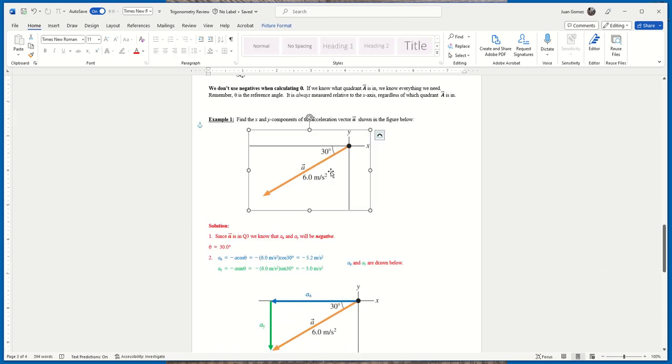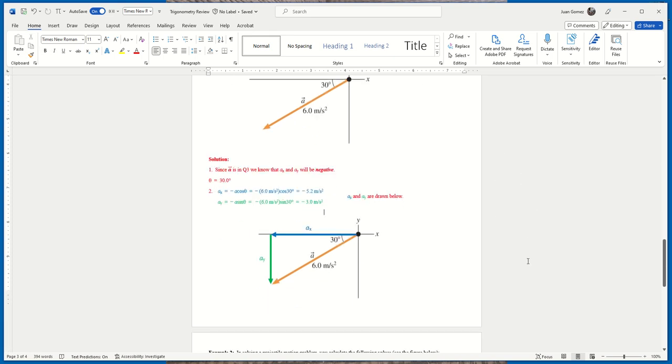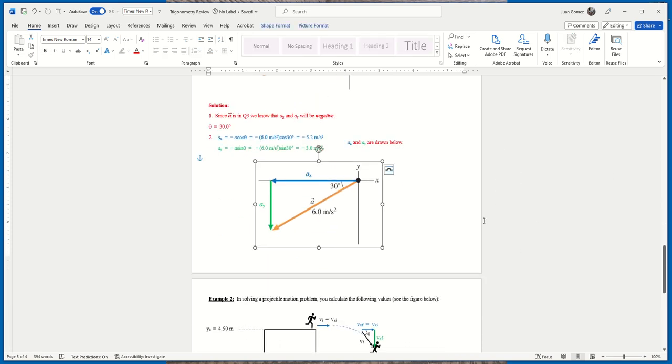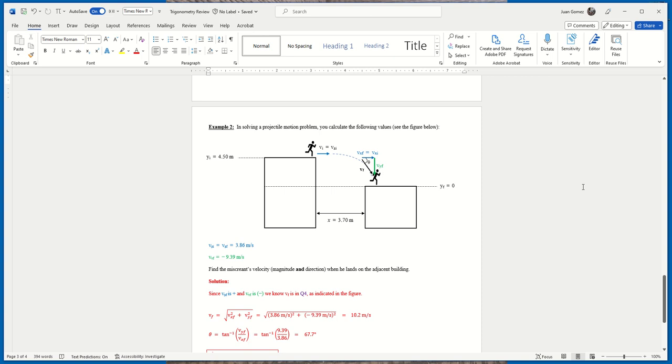That's why, again, in this example, here's my acceleration vector, the orange vector A. Well, I know that because it's in Q3, both the x and y components, clearly drawn in this figure here, are both negative. But again, long story short, what is the x component? A cosine theta. What is the y component? A sine theta. How do you know if they're positive or negative? Quadrant. Conversely, if you calculate the components, how do you know what quadrant you're in?